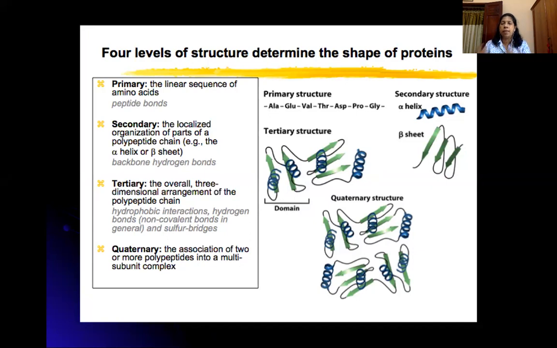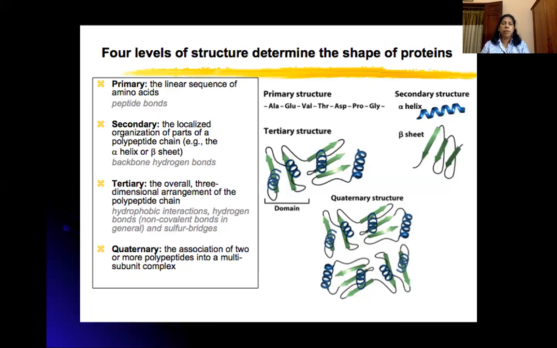That is why it gives an alpha helix spiral structure, as well as the other one, the beta sheet structure. Backbone hydrogen bonds are used to combine these ends with each other.